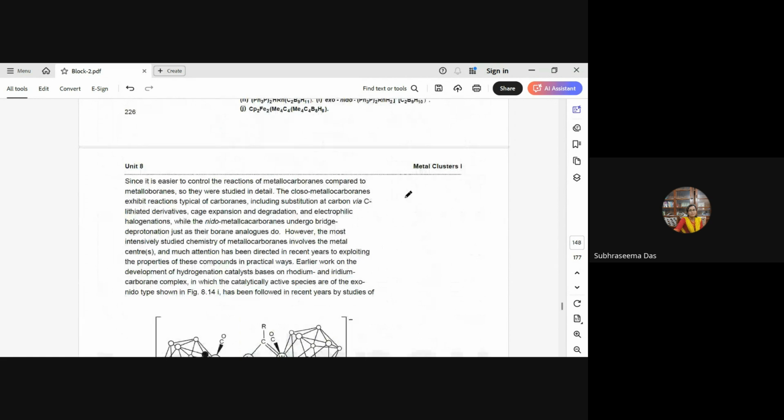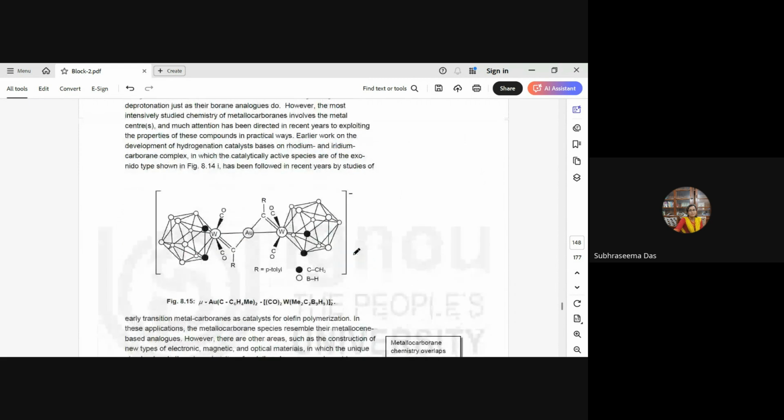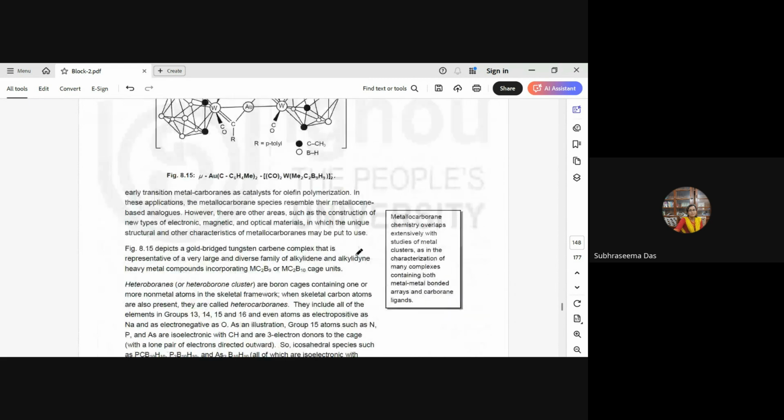Since it is easier to control the reaction of the metallocarboranes compared to metalloboranes, metallocarboranes have been studied in detail. The closo-metallocarboranes exhibit reactions that are typical of the carboranes, including the substitution of the carbon via C-lithiated derivatives, cage expansion and other processes. That is why metallocarboranes have been studied in more detail than the metalloboranes.